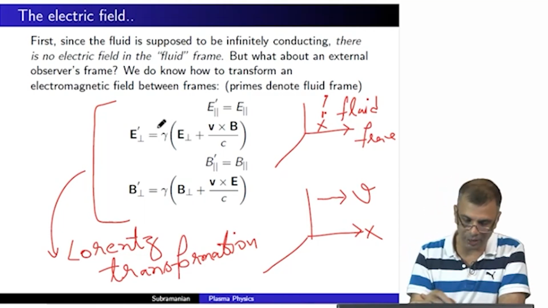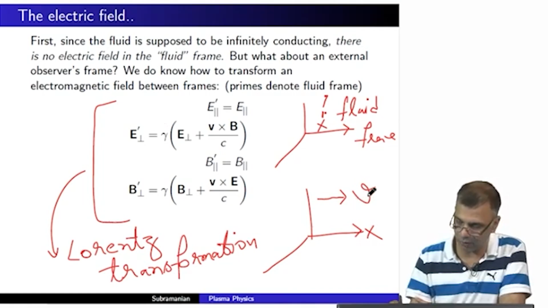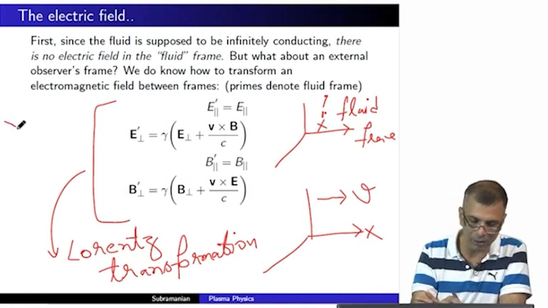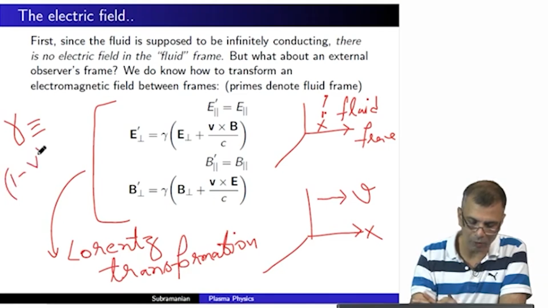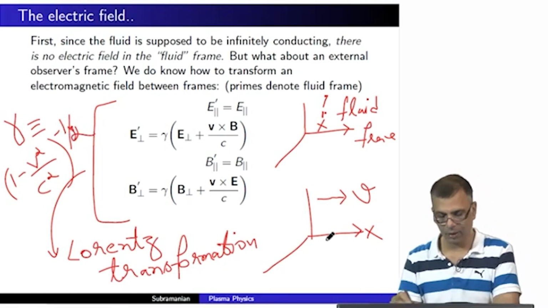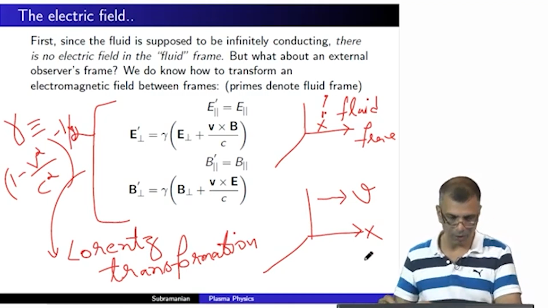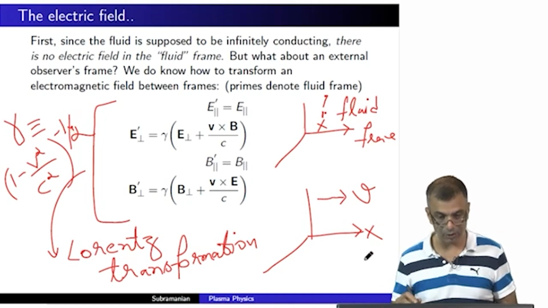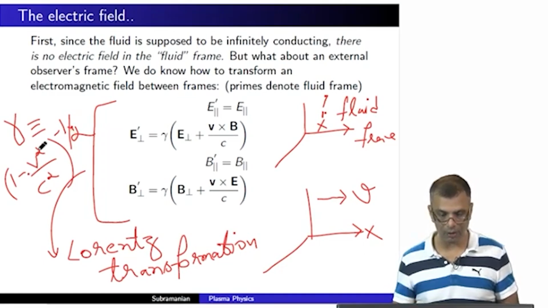And this gamma is essentially the Lorentz factor, and gamma is defined as 1 minus v squared over c squared, raised to minus 1/2. Maybe I should erase this and write it again.